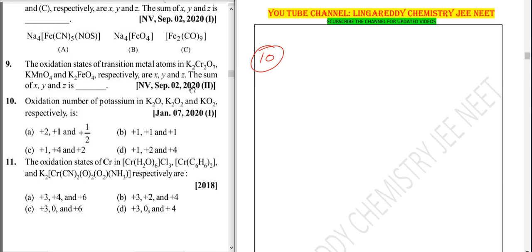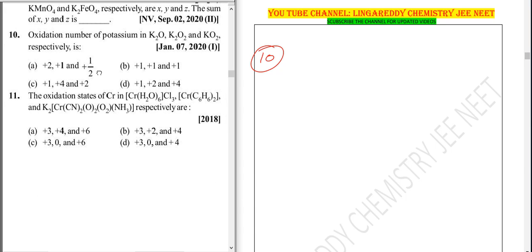The oxidation number of potassium. Very simple, but students will make mistakes because of overconfidence, everyone will think the question is asked about oxygen. But clearly the question is asking about potassium.